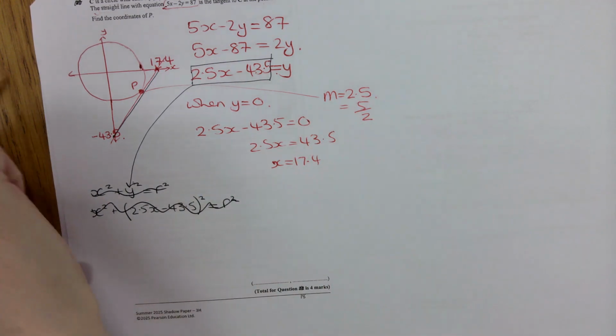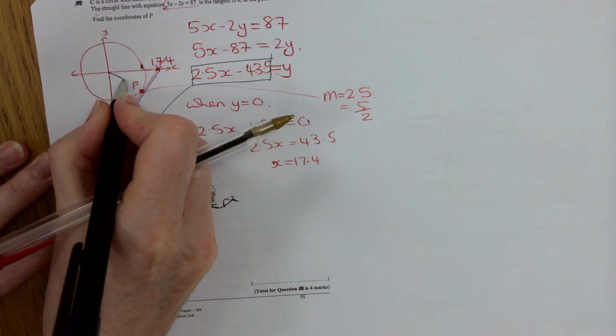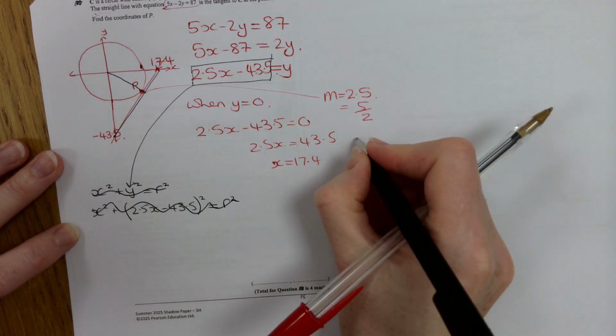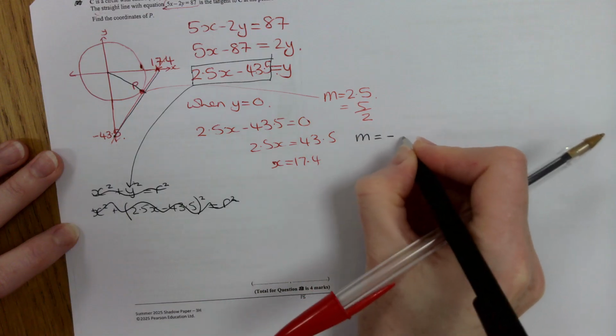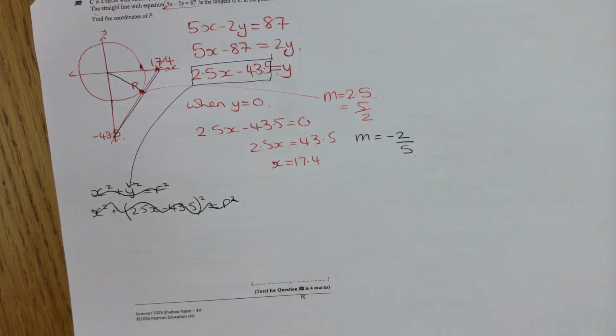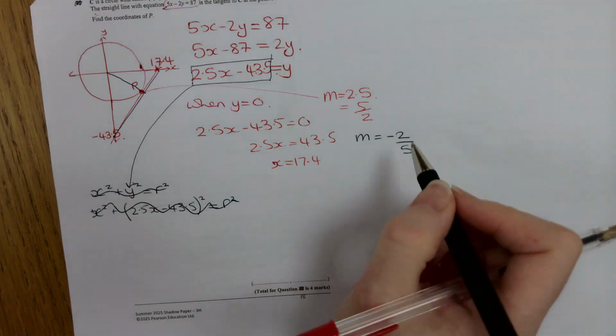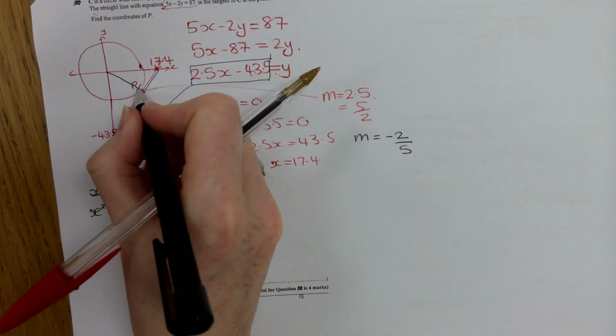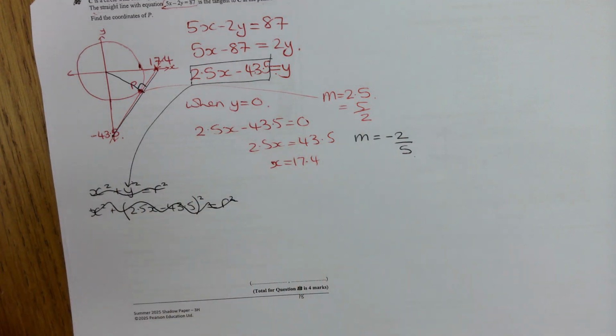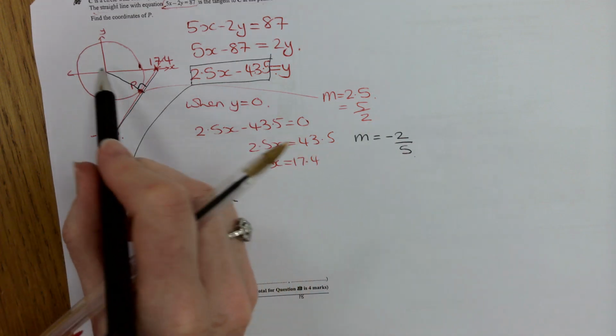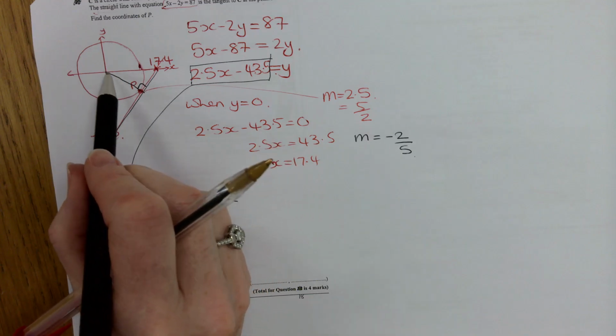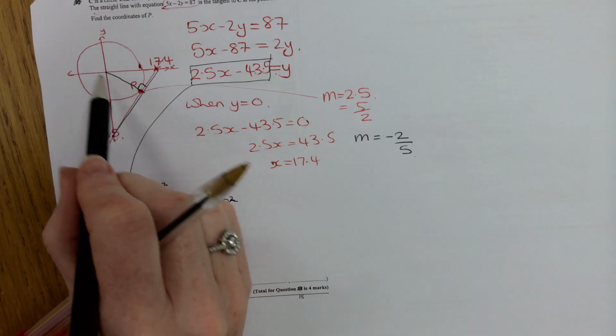That means that the gradient going here is going to be negative 2/5. These two are at right angles to each other. The tangent is at right angles to the radius. So what I can now do is use this to help me.